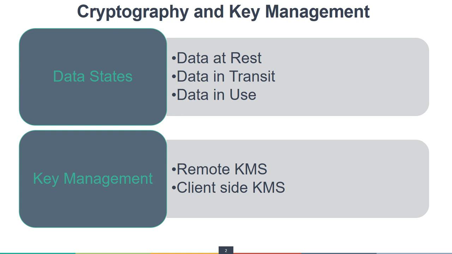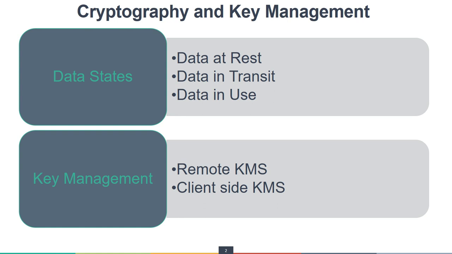So when we talk about data in transit, we especially mean when the data is actually in motion. It is being transferred from one place to another, and the security control for this state is TLS.